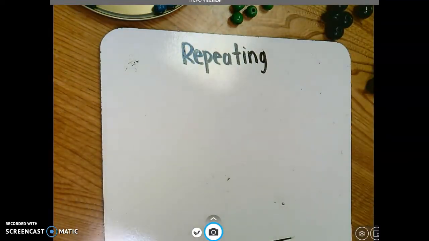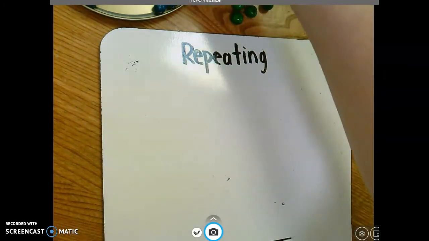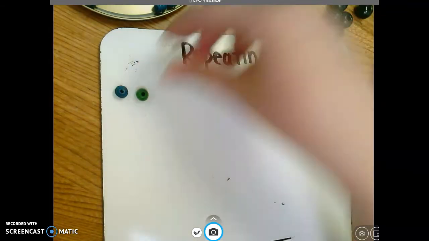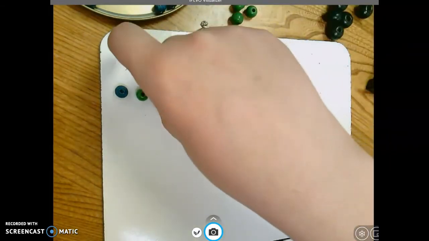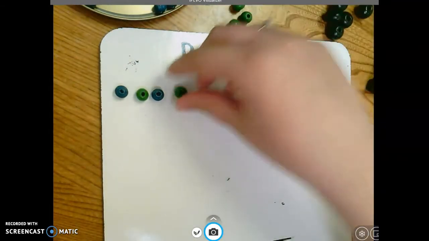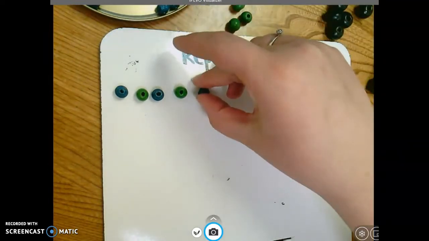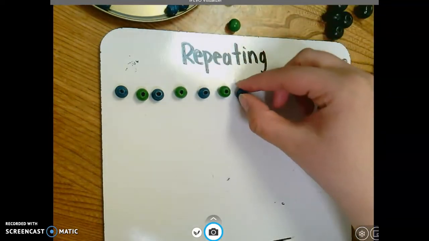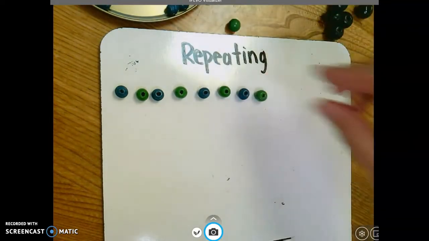So repeating patterns would be something along these lines. If I had one of these, and it's going to repeat over and over and over again. Now this one has 2 different repeating elements.